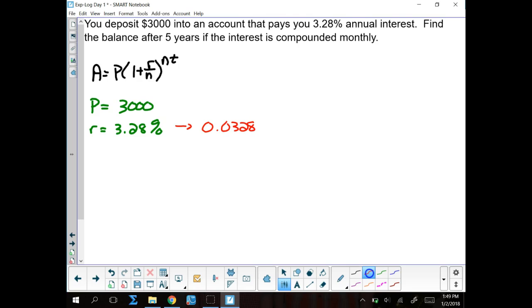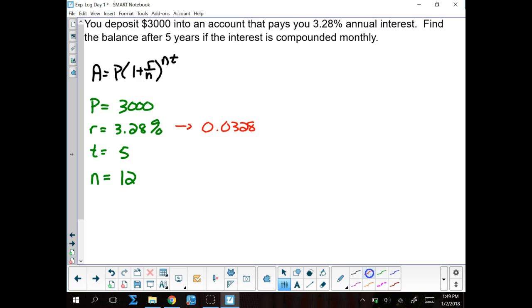Okay? Time. How many years am I letting it sit there? 5. N. How many times is it compounded per year? 12. It's compounded monthly, so each year it's compounded 12 times. Okay?